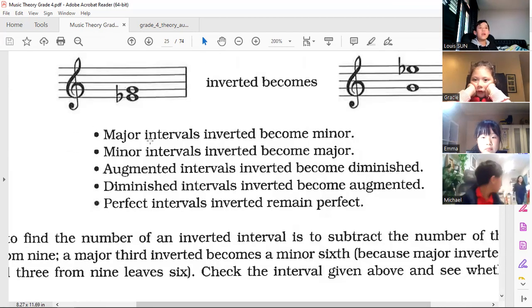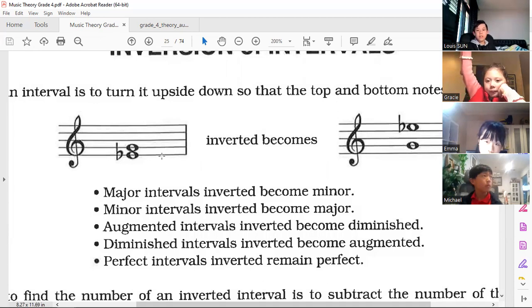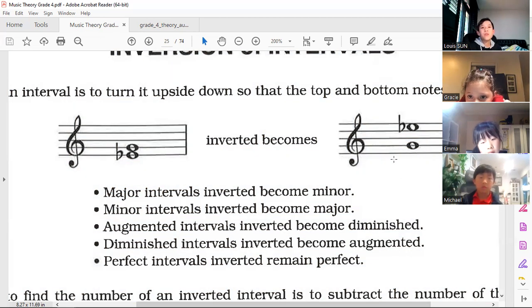You always have to name the given interval first. So in which case, what interval would this be? Gracie? Major third. Major third, good. So an original major interval inverted will become a minor, and the numbers of the inverted intervals have to add up to 9.